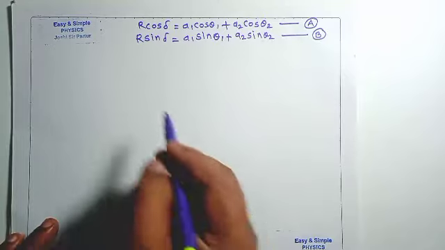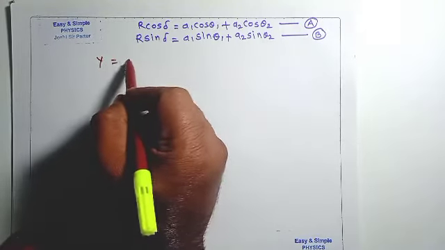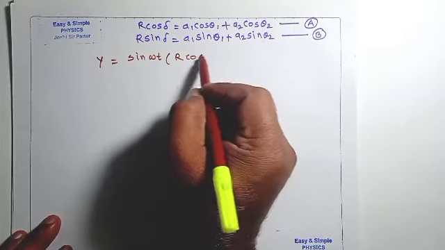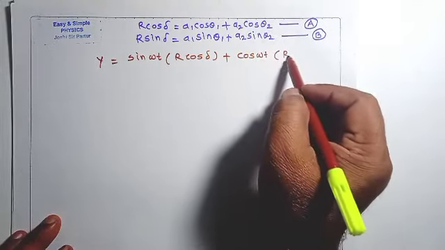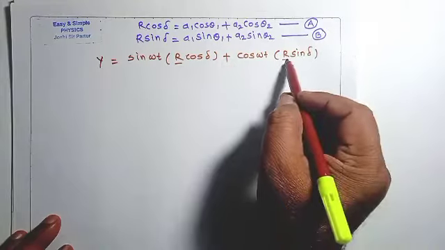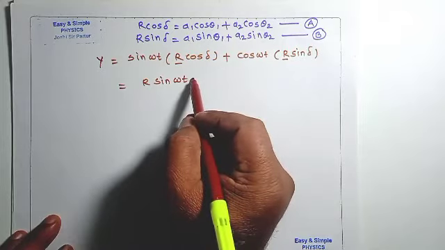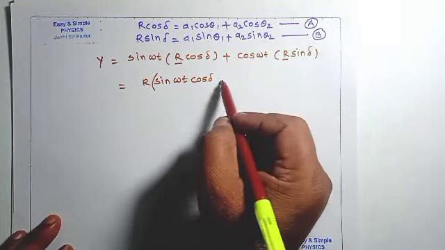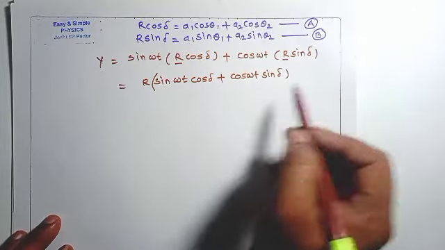If we substitute, the resultant displacement y will be sine of omega t in bracket R cos delta plus cos of omega t in bracket R sin delta. If R is common, we can write R in bracket sine of omega t cos delta plus cos of omega t sine delta.